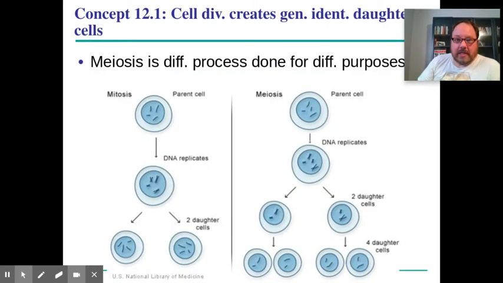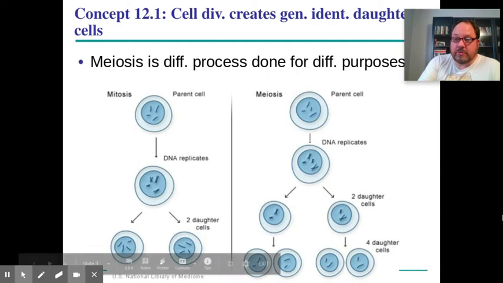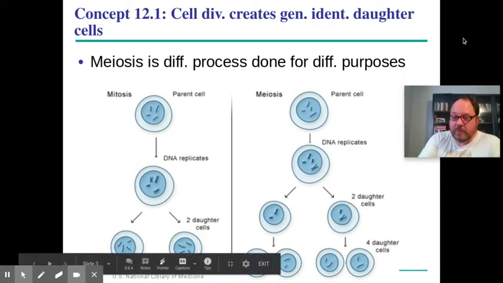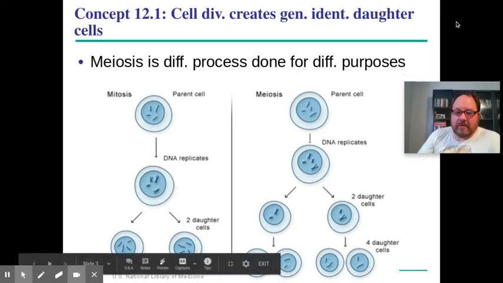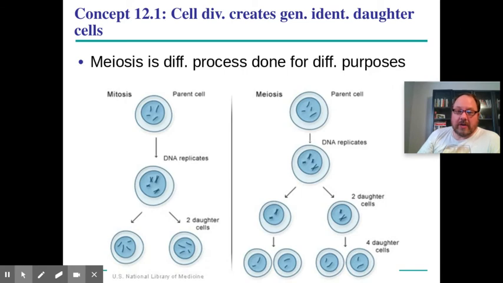All right. Now, it's important to distinguish between mitosis and meiosis at this point. Not all the time, but frequently on the AP exam, they'll ask a question comparing mitosis to meiosis to see if people trip up on that. These are fundamentally different processes done for absolutely different purposes. The purpose of mitosis is to create two genetically identical diploid daughter cells.